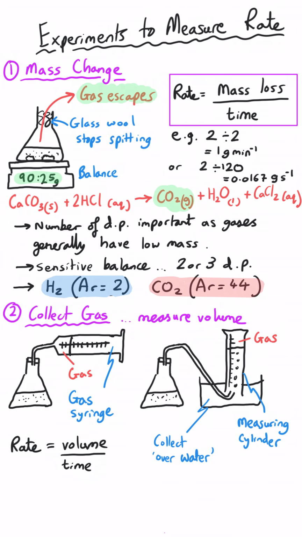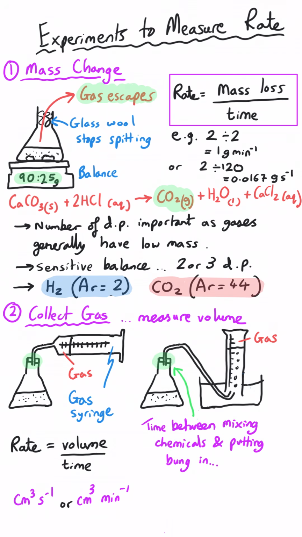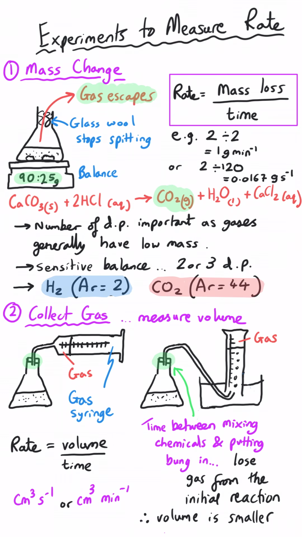Both of these techniques will yield the same type of units, so centimetres cubed per minute or centimetres cubed per second for our measure of the rate, but they do carry an error with them, which is that as you add one chemical to another, that gas starts to get produced, and reactions are always fastest at the beginning, and so the time between the addition and putting our bung and delivery tube in is going to mean that we're going to be losing our gaseous product during this really fast stage of the reaction, and so the volume that we collect is very likely to be smaller than we might typically expect.